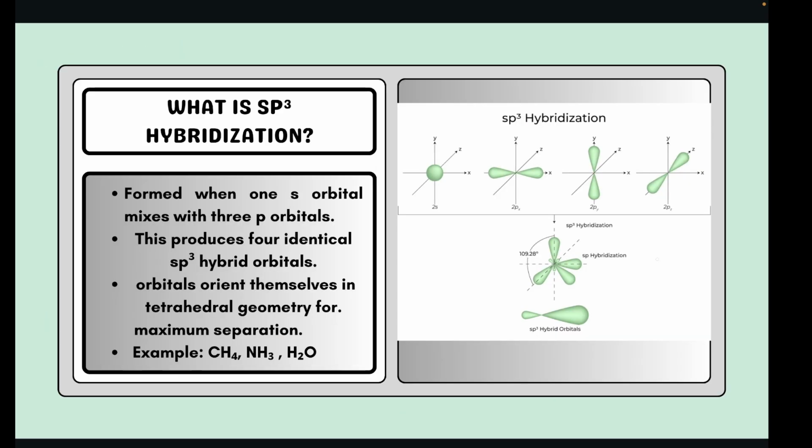Next is sp3 hybridization. It is formed by mixing 1s and 3p orbitals and produces 4 identical sp3 hybrid orbitals. These 4 hybrid orbitals orient themselves in tetrahedral geometry for maximum separation. Here in this picture you can see one s orbital and 3 p orbitals combine to form 4 hybrid orbitals of sp3, which are tetrahedral in shape.